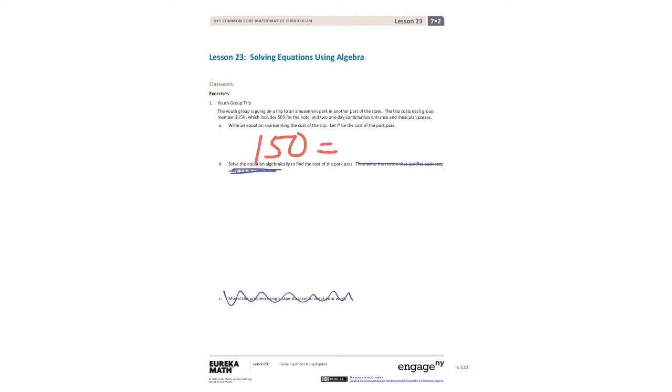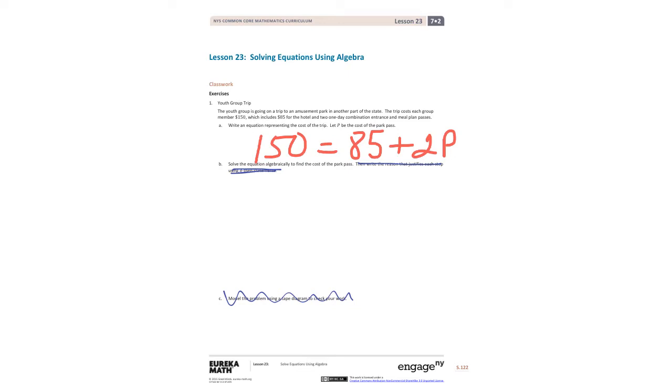And that is equal to everything that they're spending. So each person has to contribute $85 for their hotel, plus P is the cost of the park pass, and each person needs 2 of those because they're buying 2 one-day passes. Okay, so here is our equation.